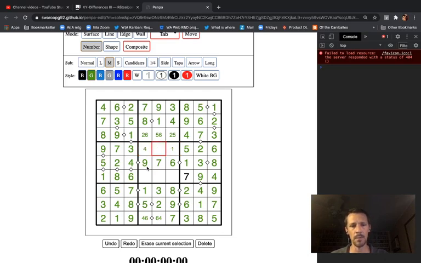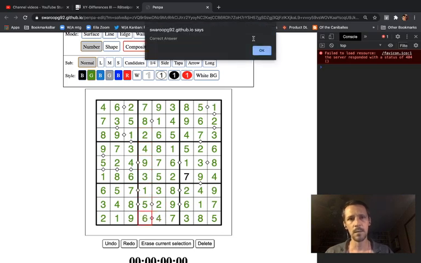This is 1. Wait, this is 4. This is 1. This is 8. This is 5. This is 2. This is 3. This is 5. This is 6. This is 2. This is 4. This is 6. And that's how to solve this puzzle.